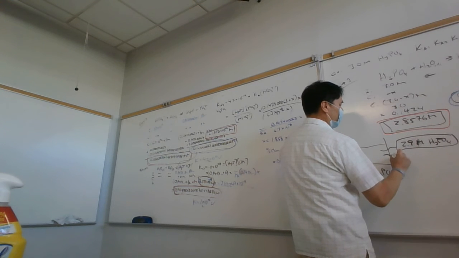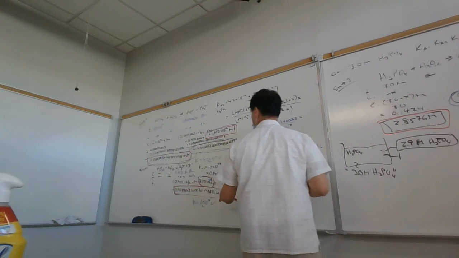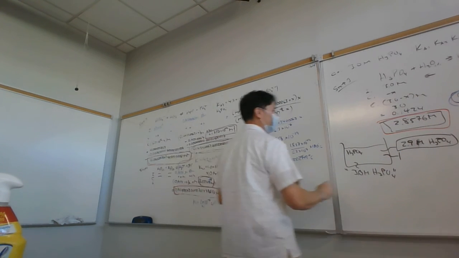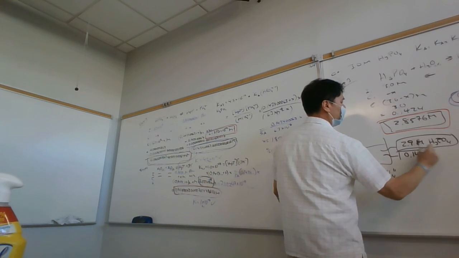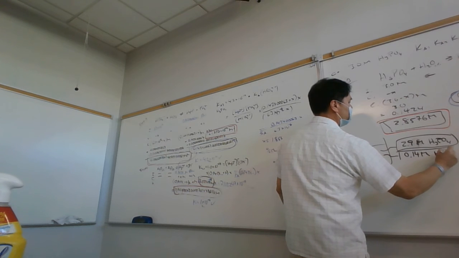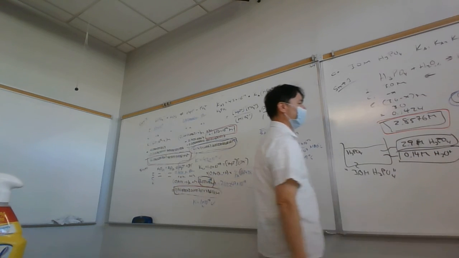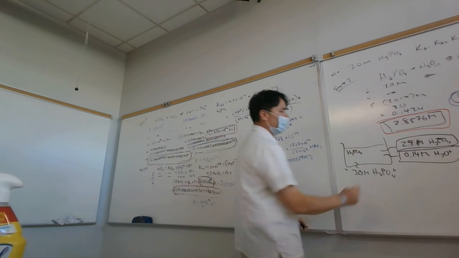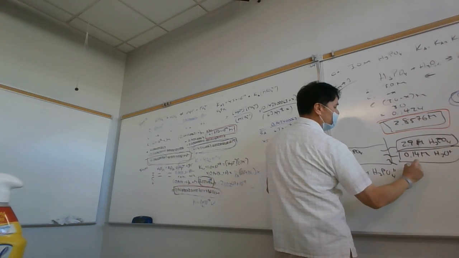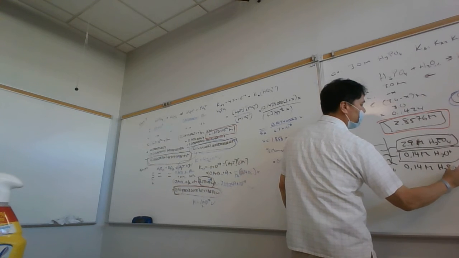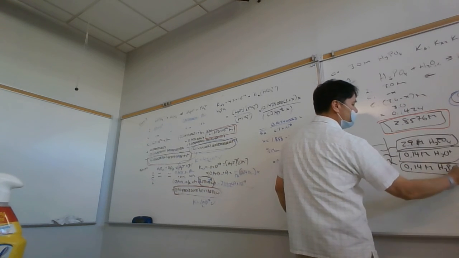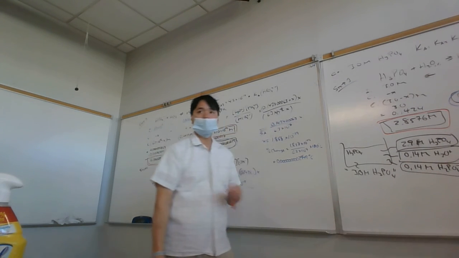But how many sig figs are we going to be allowed for that? Only 2, so it's going to be 0.14 molar hydronium. And then the H2PO4 minus is also going to be 0.14 molar, but they aren't the same. The H2PO4 minus is slightly less, and the hydronium is slightly more.